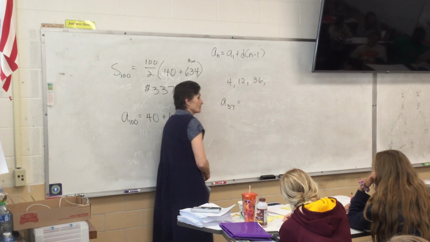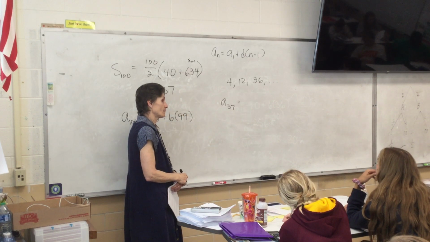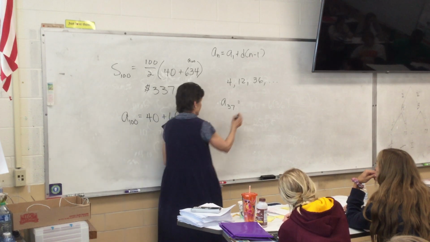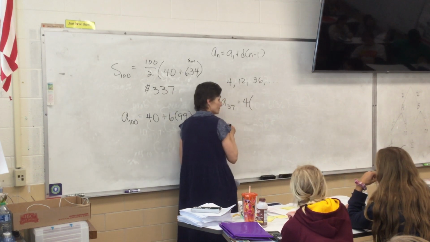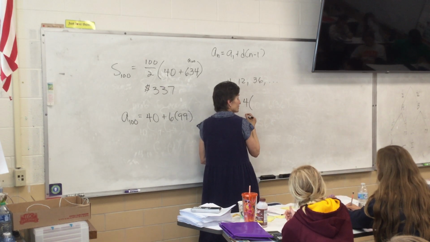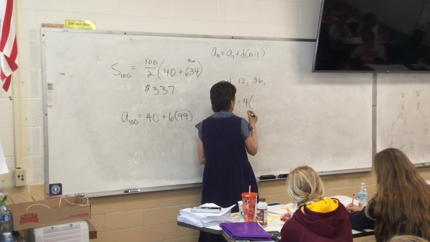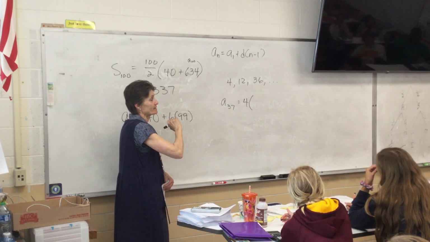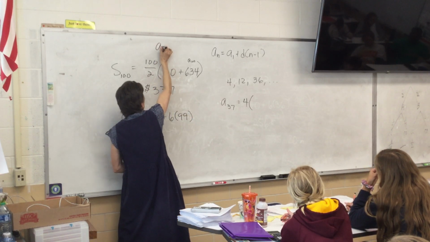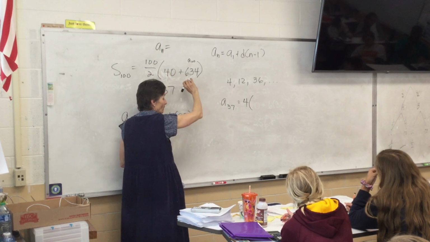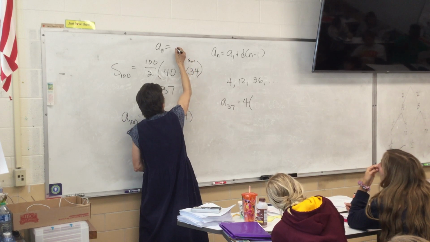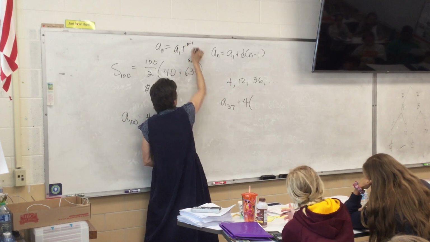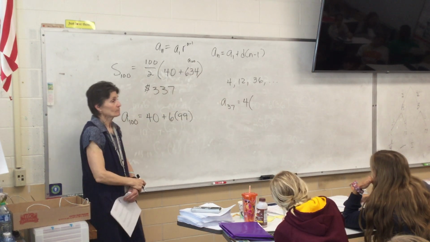A sub 37 equals 4 plus... No, this formula I don't have on the board, we haven't used it yet today. What's our geometric term formula? Anybody remember? A sub 1, r to the n minus 1, that's exactly right.